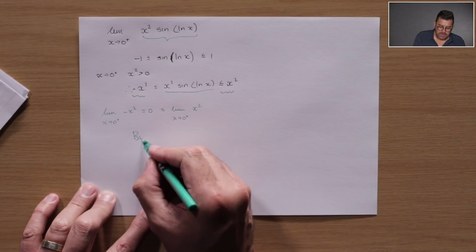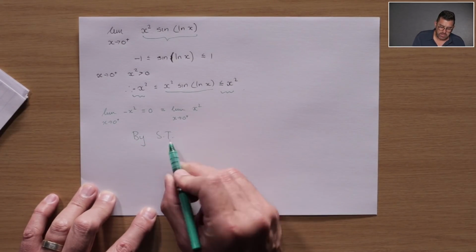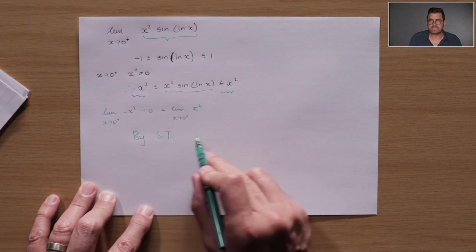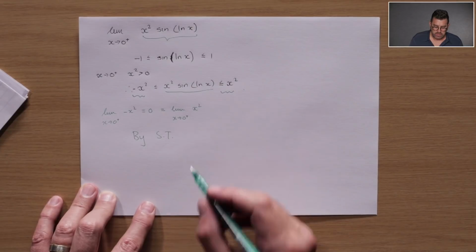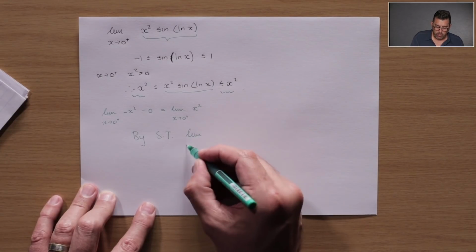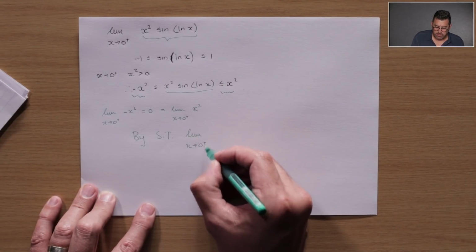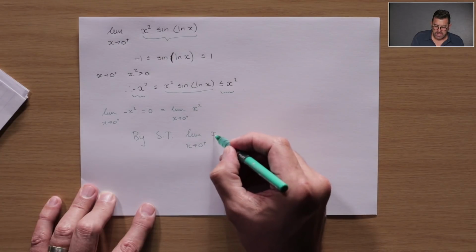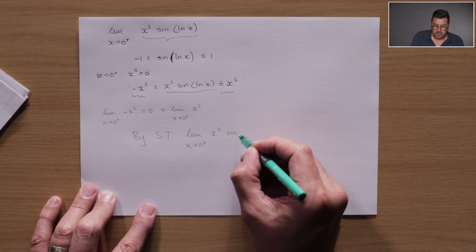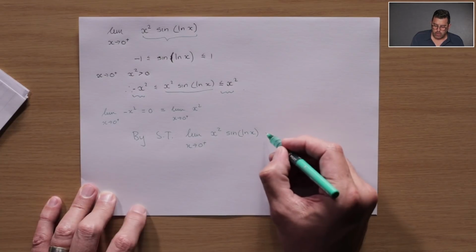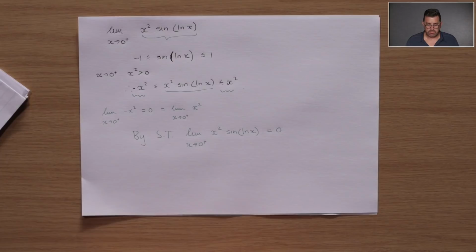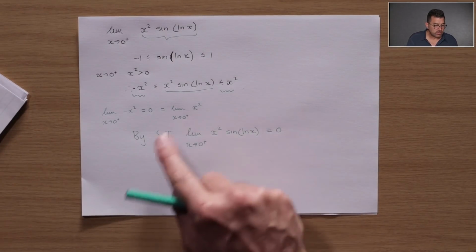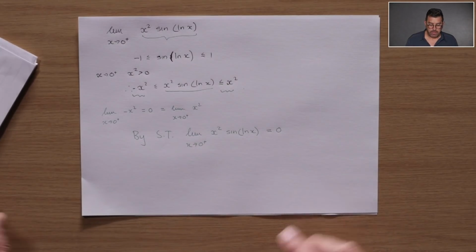So by the Sandwich Theorem, please folks write this out, by the Sandwich Theorem or the squeezing theorem, whatever you call it, the limit when x approaches 0 from the positive side of x squared, the sin of ln x will definitely be equal to 0, because the other two functions squeezed it into that space.